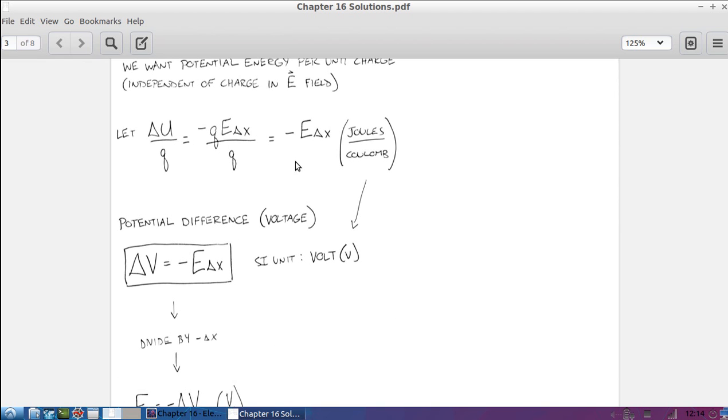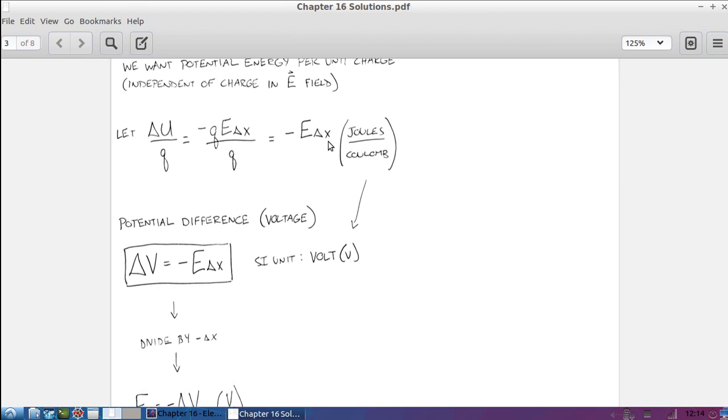And so what is this thing right here? I want to define this as something. What's my potential energy field? So this charge would be in a uniform field. It would be going through some delta X. It would be moving. So I'm not looking at the potential energy at some point.